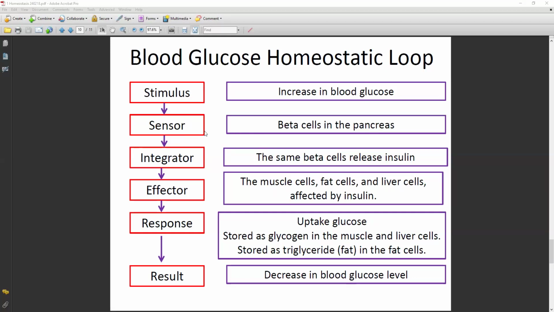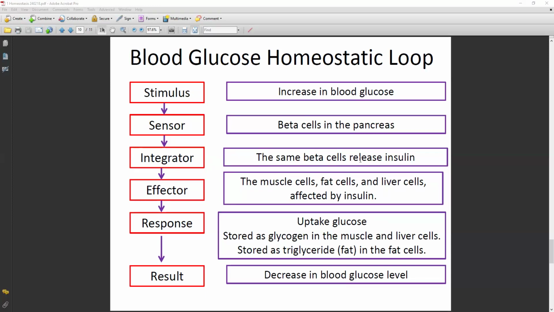Low blood glucose won't cause beta cells to do anything. Beta cells only sense high blood glucose level. Then it will integrate the information by itself. Then it will tell the effector. The arrow to the effector is either nerve or hormone chemicals.